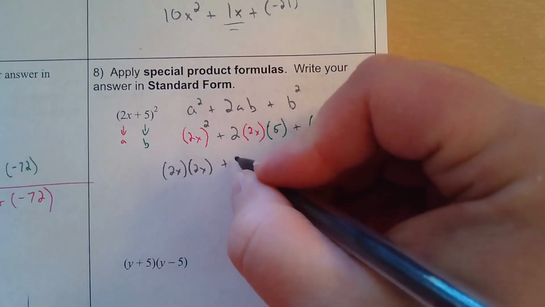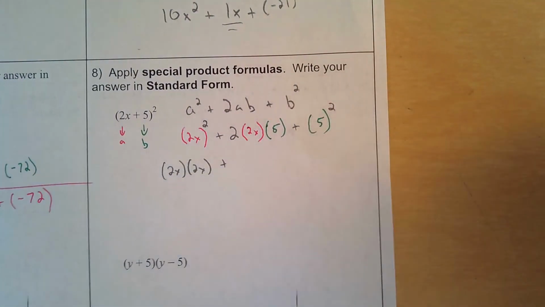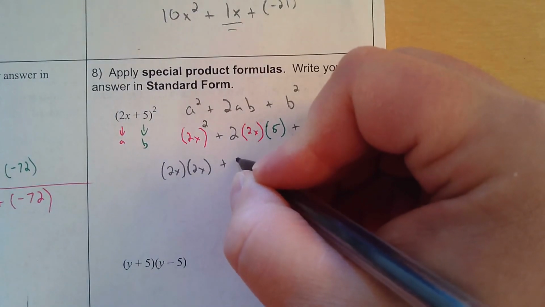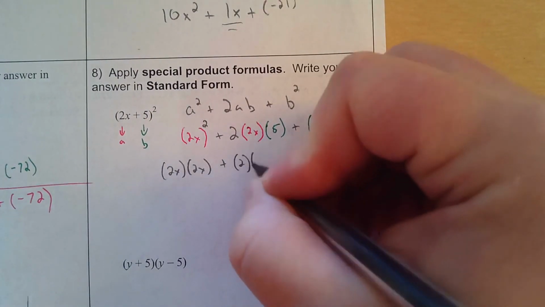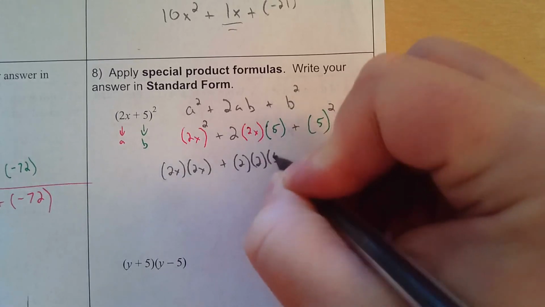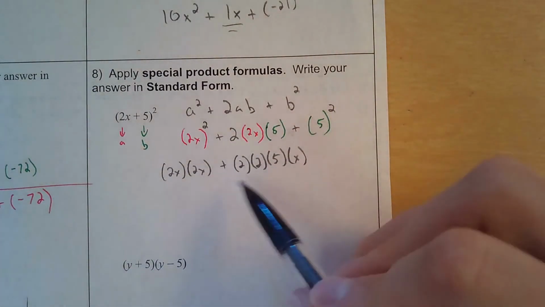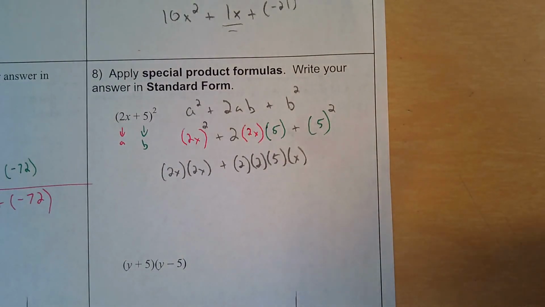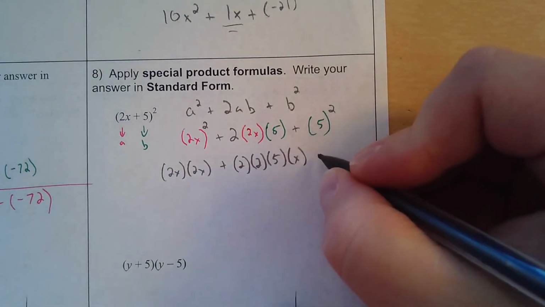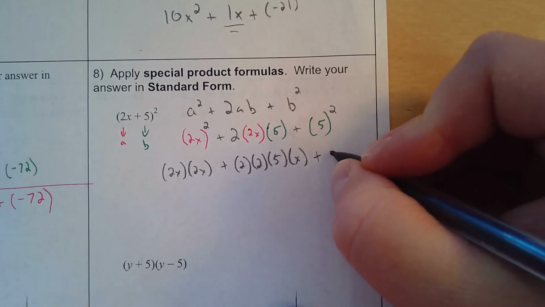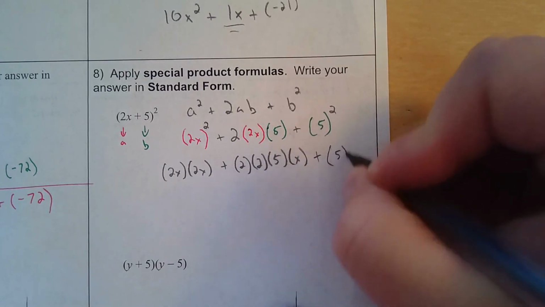So for this one, I'm just going to reorganize my multiplication. So I'll write this as 2 times 5 times x. Just grouped up all my numbers to make them easier to multiply. And this one means 5 times 5.